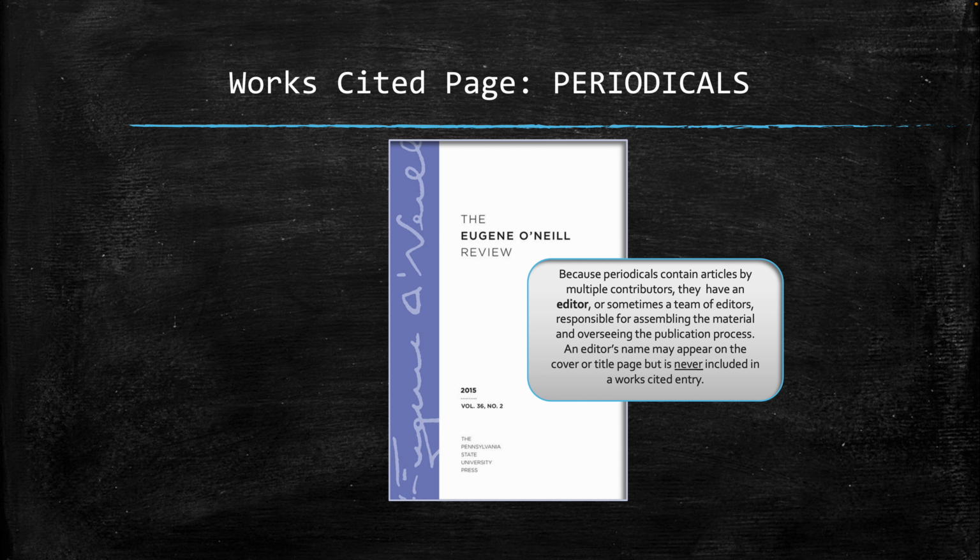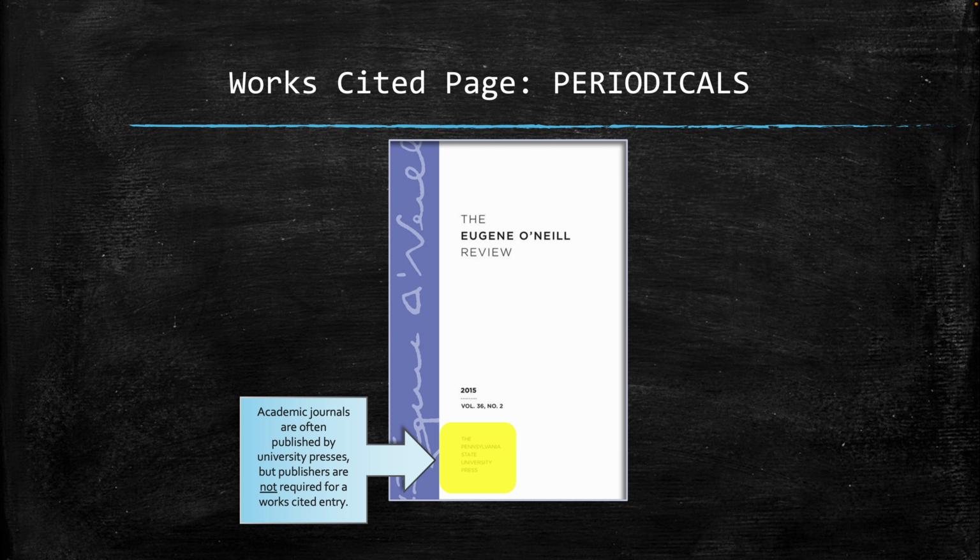An editor's name may appear on the cover or title page. The editor's name is not on the cover of this particular issue. But if it is, it doesn't really matter because you never include the editor in a works cited entry for a periodical. That is a common mistake that students make.